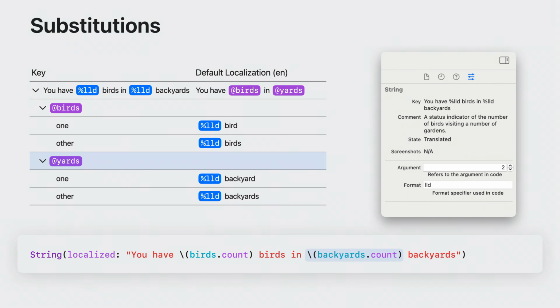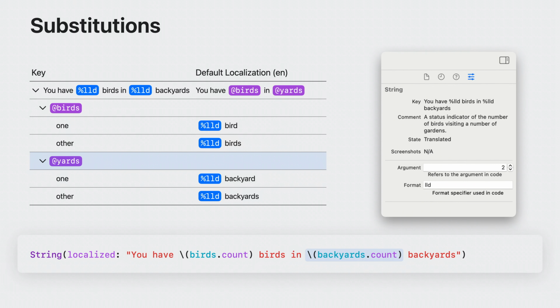Substitutions usually correspond to arguments passed into the string, often using string interpolation. In the inspector, Xcode shows information about the position of the argument to use for the number, as well as the C-style format specifier of the type being passed. The yards substitution shown here corresponds to argument 2 because it is the second string interpolation used in source code.